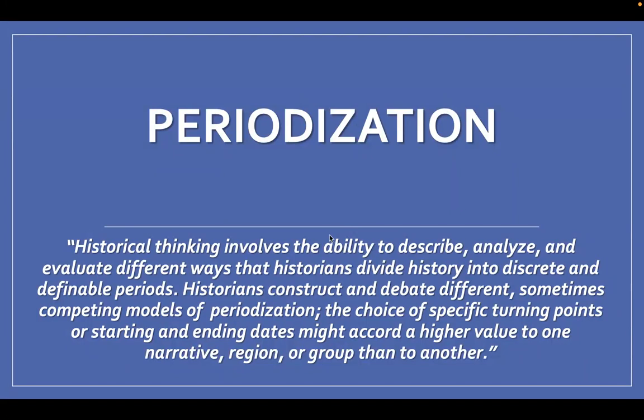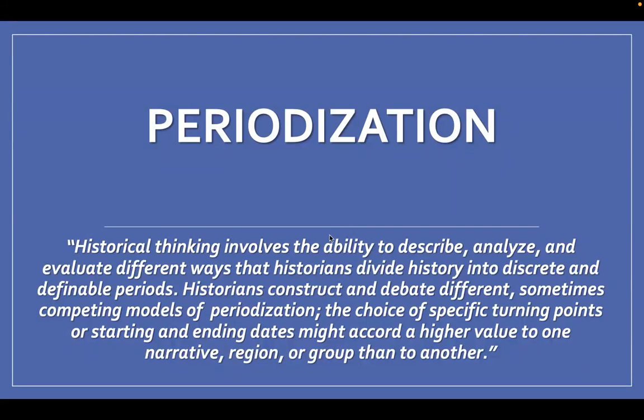So to give you an official definition, which you don't need to write down: historical thinking involves the ability to describe, analyze, and evaluate the different ways that historians divide history into discrete and definable periods. Historians construct and debate different, sometimes competing models of periodization. The choice of specific turning points or starting and ending dates might accord a higher value to one narrative, region, or group than another.